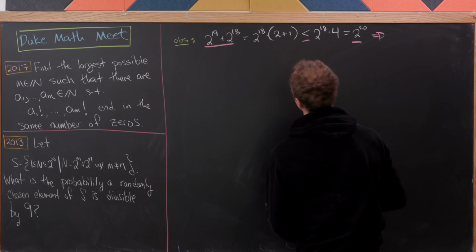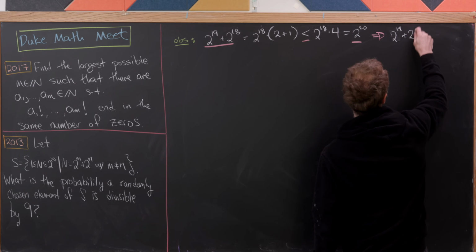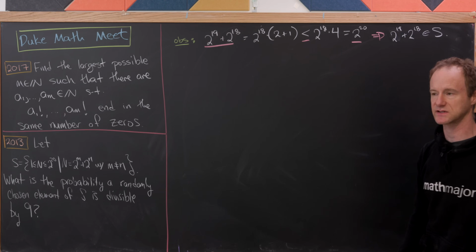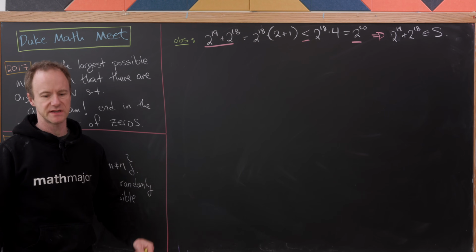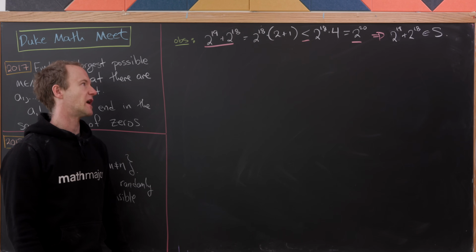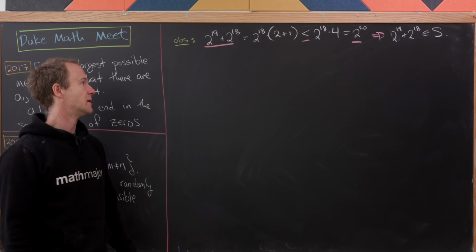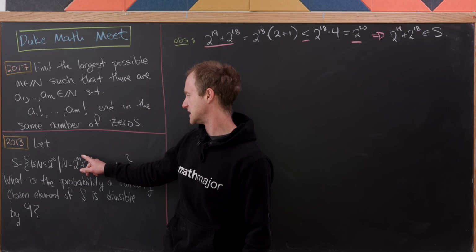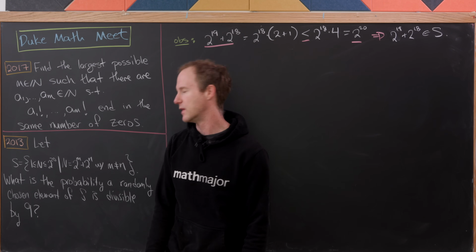So what we have here is 2 to the 19 plus 2 to the 18 is less than 2 to the 20, which tells us that 2 to the 19 plus 2 to the 18 is in fact an element of S. And observe that this 19th power of 2 is in fact the largest possible power of 2 that we can use to forge a member from S. That's because if we've got something larger than 19, like 20 here, then if we add something to it, we go above 2 to the 20.